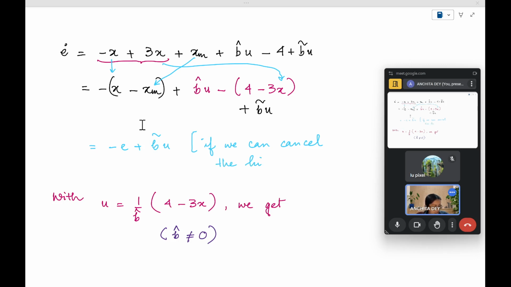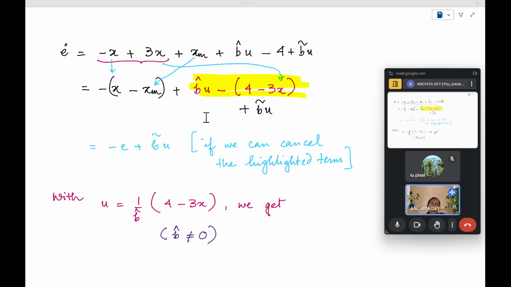So now I need to highlight them first. If we can cancel this, then basically we would be left with E dot equal to minus E plus b tilde u, which is good for us. How? Let's just see that.